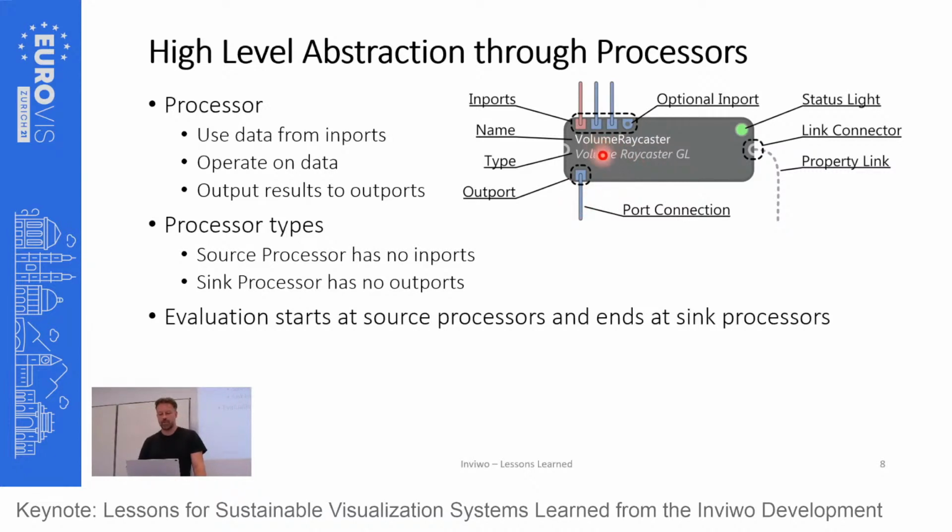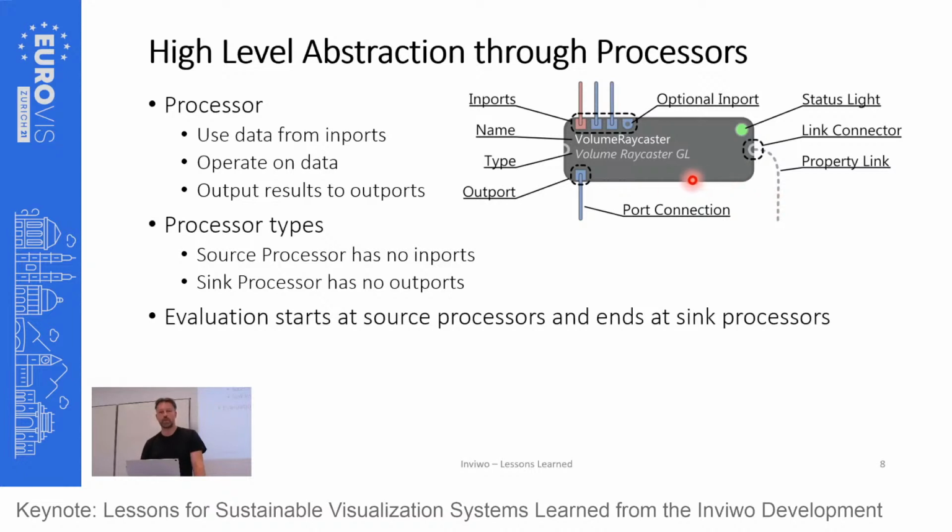The processors have a name, they have a type, so you can have several instances of one type. Then you can see the status. For instance, if all ports are connected, then you know you're good to go. And then processors are controlled through properties, which define the state of them. You can also synchronize properties by means of linking.